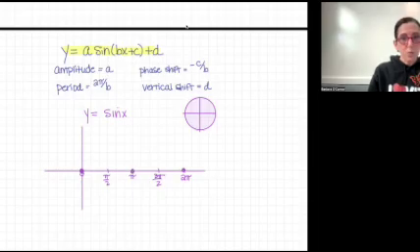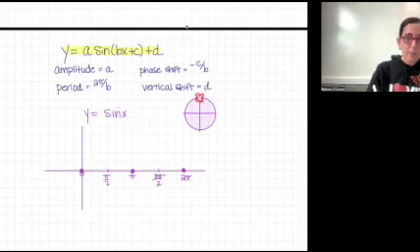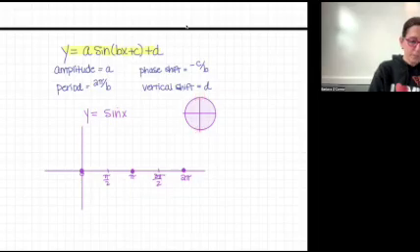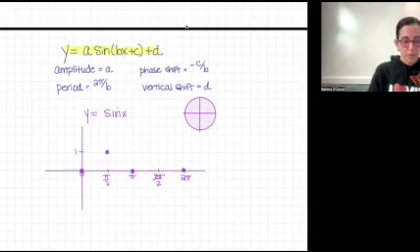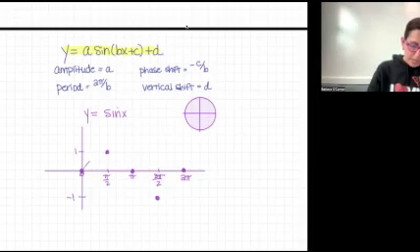And because the y value, or the sine, reaches its maximum at pi over 2, a maximum of 1, and a minimum of negative 1 at 3 pi over 2, I'm going to put a dot at 1 when x is pi over 2, and at negative 1 when x is 3 pi over 2. And then I can connect my dots.